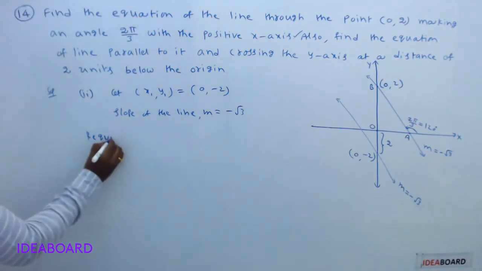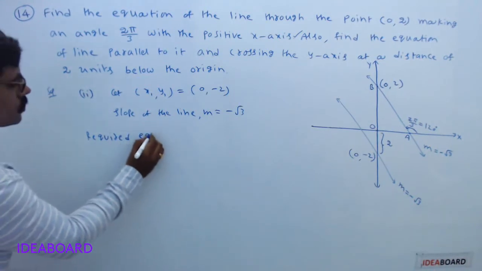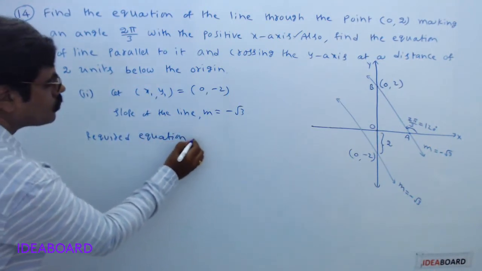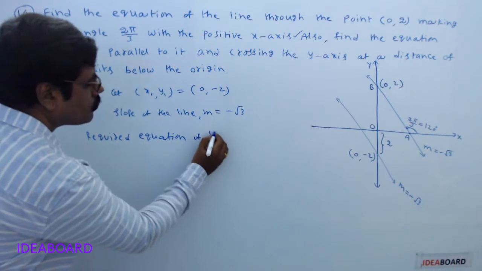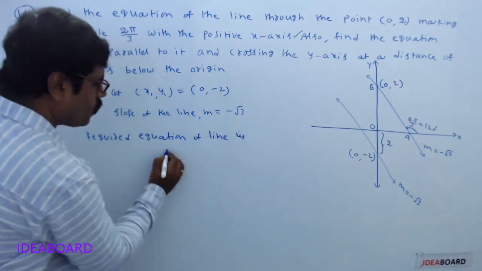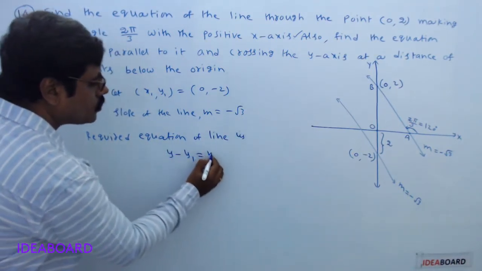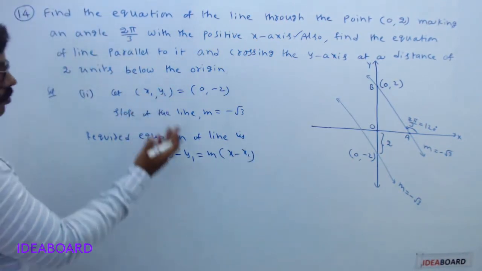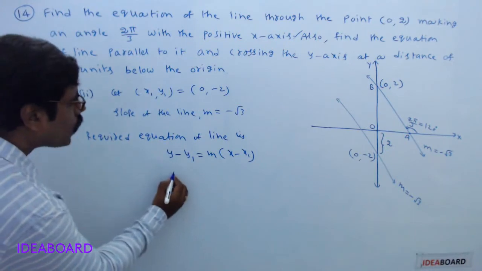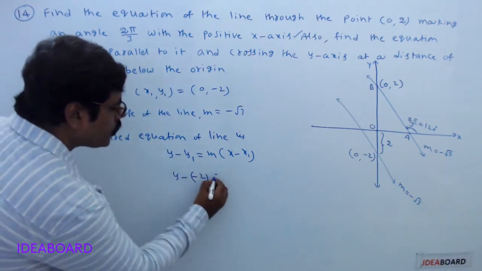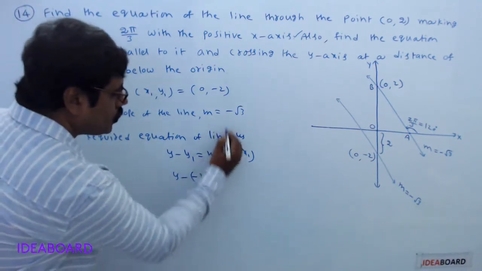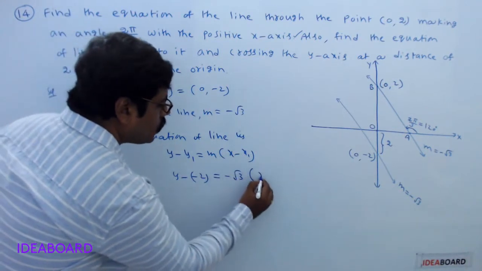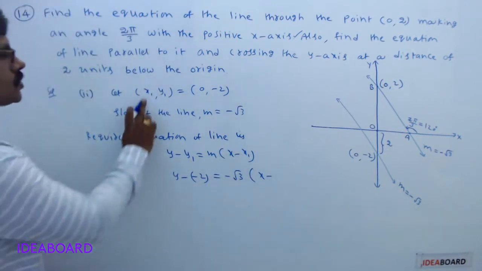So the required equation of the line is y minus y1 equals m into x minus x1. Substitute the corresponding values: m is minus root 3 into x minus x1.